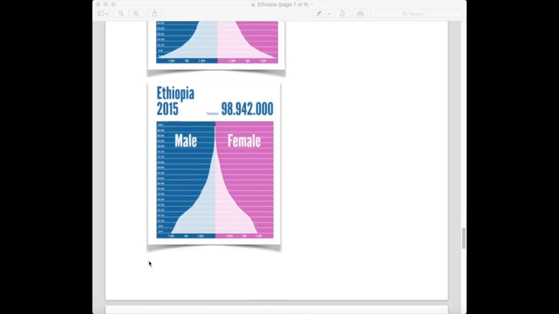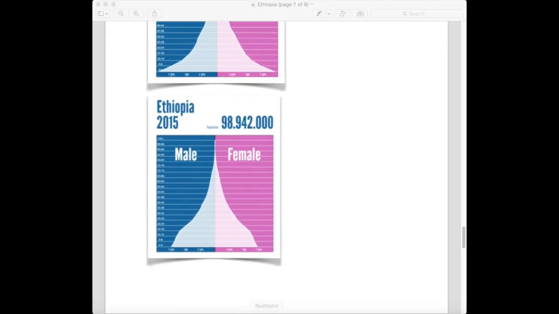Let's move on in time. Here's our last snapshot of the population for Ethiopia. In 2015, now look at the total population, 98 million people, huge growth in Ethiopia. Now this one is changing. What has happened to the base? You notice that it's not quite as wide. In the previous one, it went all the way to the sides, basically.